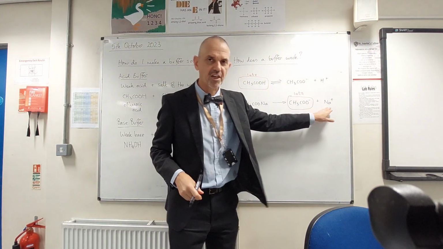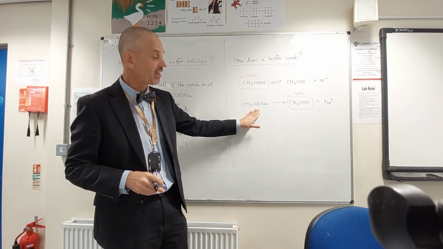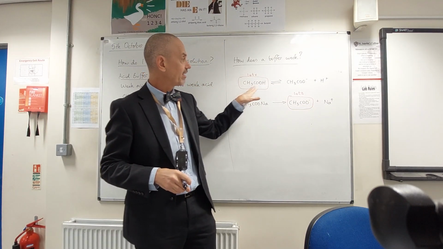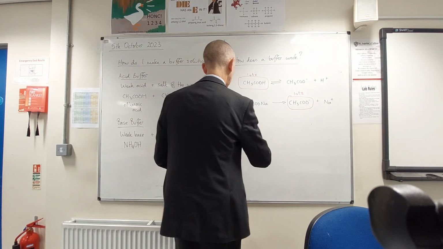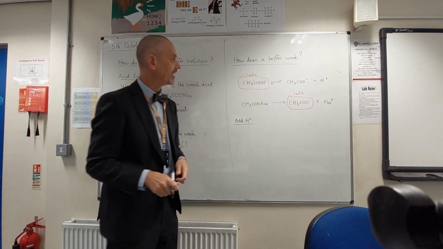And there'll be lots of sodium ions as well, but I'm not so interested in those. Okay, so there's none of that, lots of that too, lots of that, very little of that, very little H plus. Okay, so now let's think about what happens if we add H plus.